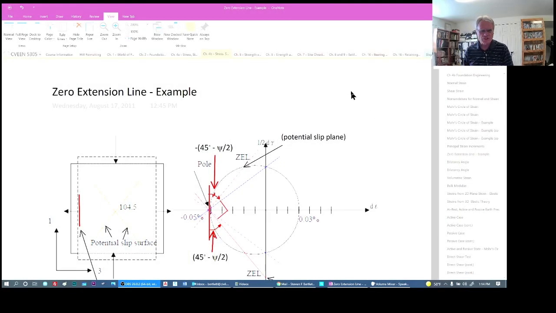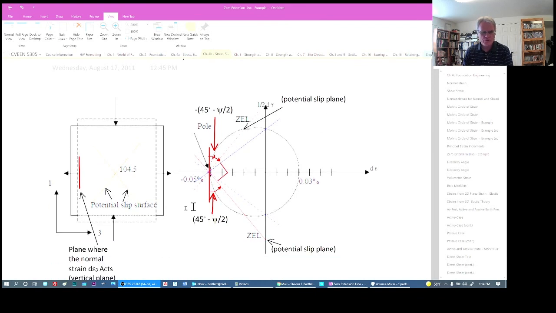The next discussion we want to have using these Mohr circles of shear strain is where the potential slip surface may develop. In this particular case, it's the same example that we saw before, where we're causing some elongation in the vertical direction, some compression in the horizontal direction, and we constructed this Mohr circle of strain that we showed on the previous page.